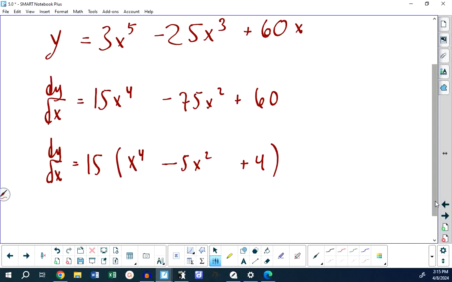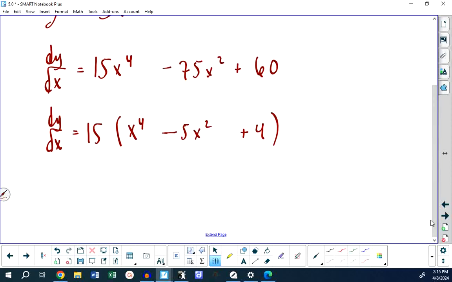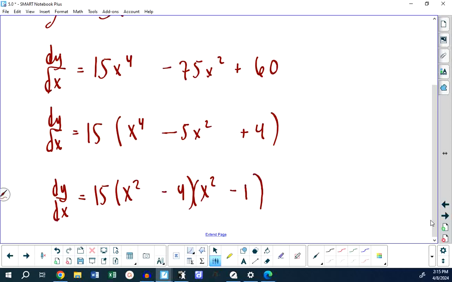The discriminant of this is a perfect square. This is factorable. And I don't know, I suspect that many of you just see that it factors into that.